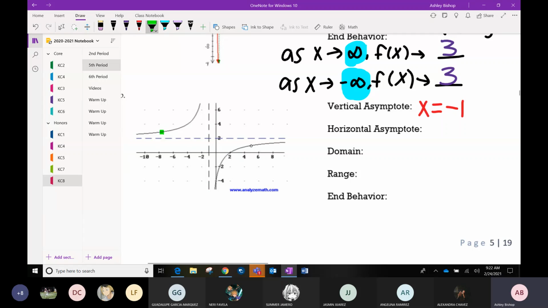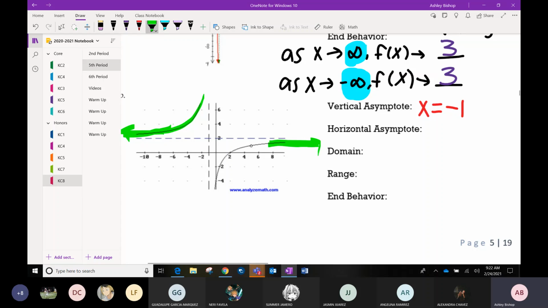Horizontal asymptotes are where my graph starts to go horizontally. It gets closer and closer to this number, but never actually crosses it. In the chat, where is my horizontal asymptote happening? What does it approach but not reach?